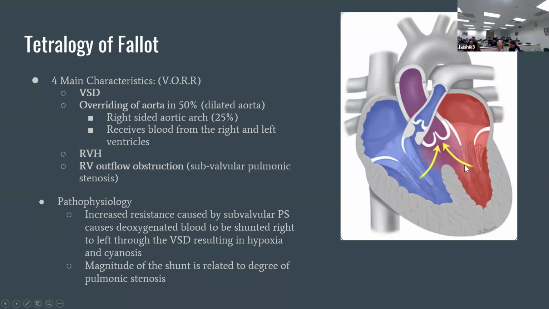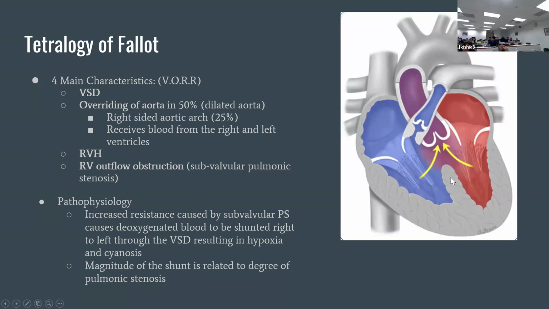So usually the aorta should only be in the left ventricle, right? Usually the septum closes that off. So in this case, the VSD allows blood to flow into the aorta from both sides. So right off the bat, we have deoxygenated blood mixing into the aorta, and there is your cyanotic lesion, right? We have right to left shunting right from there.